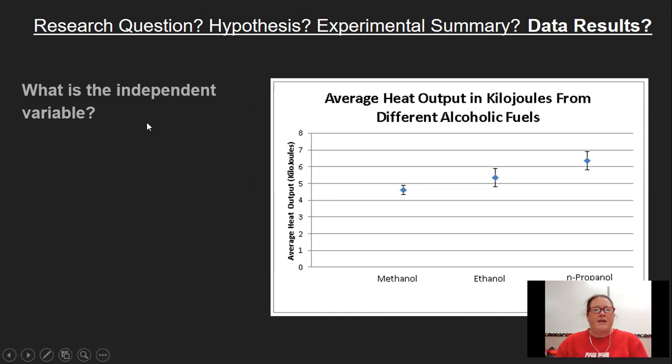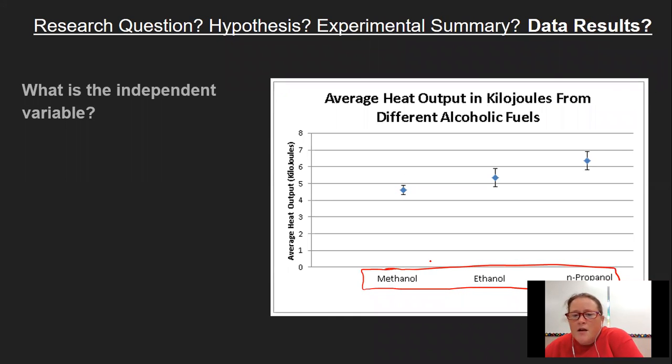What is the independent variable? So here we have a chart, and in class I mentioned that methanol, ethanol, and propanol are types of fuel. Methanol is used in racing fuel.